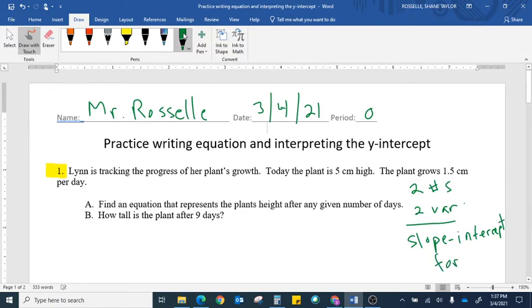Okay, so this will be a slope intercept form type of problem. So we always want to highlight the numbers.